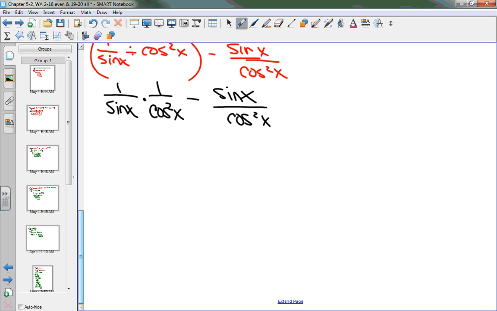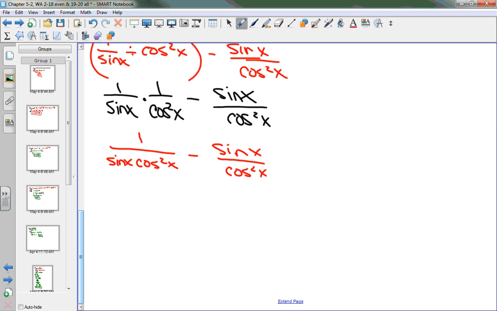Marry the top, marry the bottom. So that's going to give me 1 over sine of x cosine squared of x, minus sine x over cosine squared x. Now those two fractions are attached by subtraction. So what do I have to get?